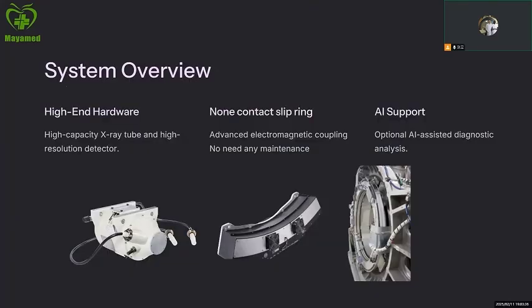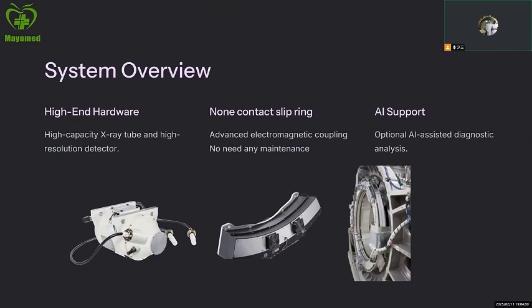After the appearance, let's see the system overview of this CT scanner. This CT scanner has high-end hardware, which means a high capacity X-ray tube and a high resolution detector. And the most important part of this CT scanner is that we have a non-contact slip ring.